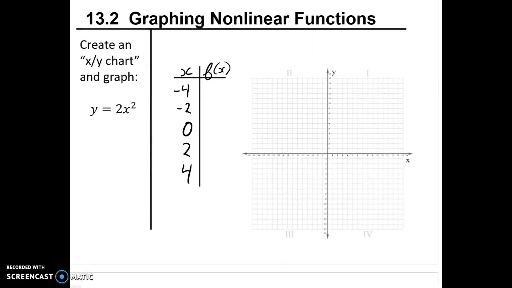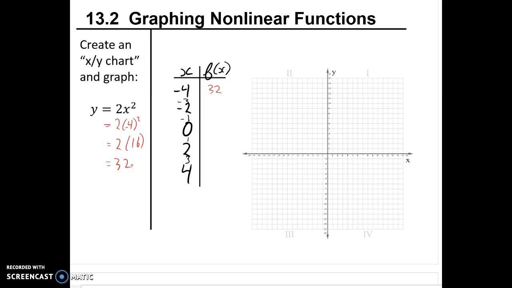Let's see what happens when we make this y equals 2x squared. And I'm also going to add in my negative 1, negative 3, 1, and 3 into here. So at negative 4, that's going to be 32. If I have 2 times negative 4 squared, that's 2 times 16, which is 32.